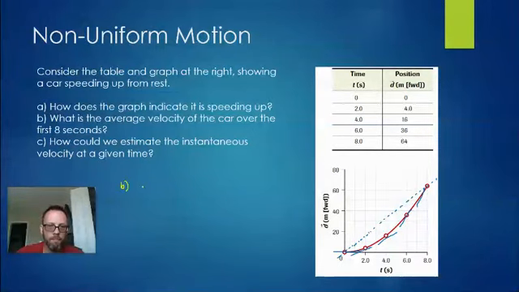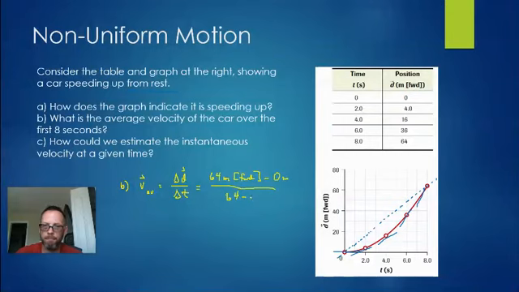For part B, average velocity is displacement over time, or thinking of it as the slope of that dashed line, that secant I've made. So we have 64 meters forward minus 0 meters forward, over our time interval, 8 minus 0.